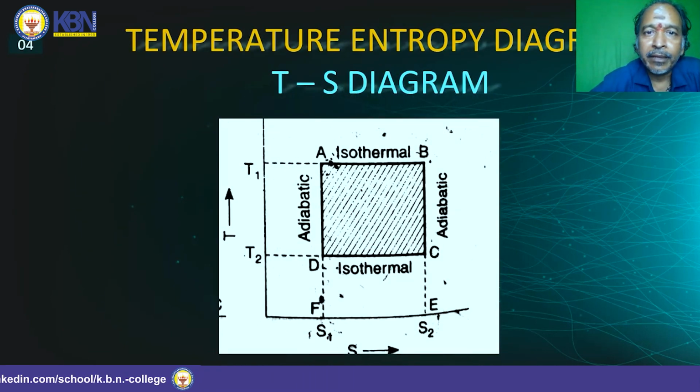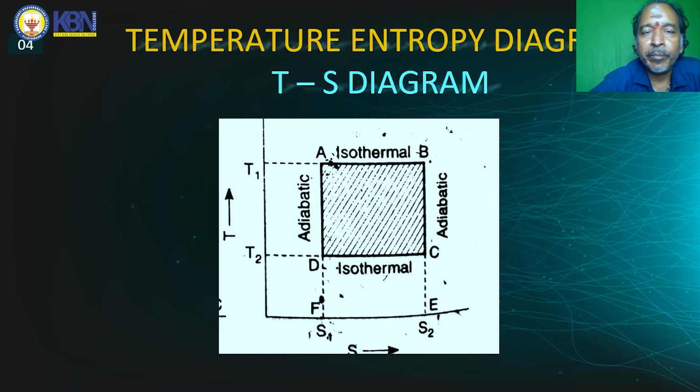And another topic is the TS diagram, like the PV diagram. A PV diagram is the graph between P and V, P for pressure and V for volume. This is the TS diagram, where T means temperature and S means entropy. It is just the graph drawn between temperature and entropy.